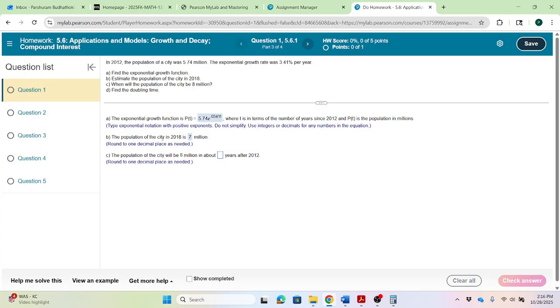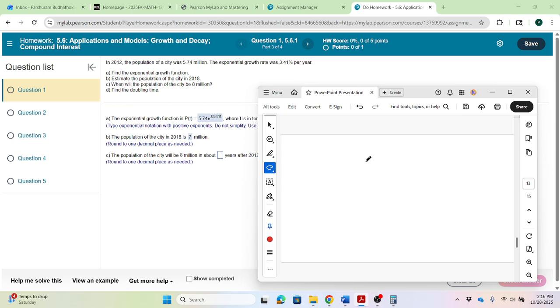Okay. Find when will the population of the city be 8 million. So now put 8 million here and solve for time. So that means the population is 8 and then the equation is 5.74 e to the power 0.0341 t.